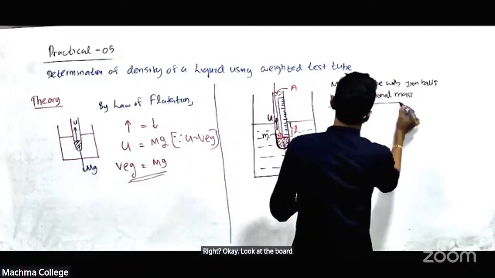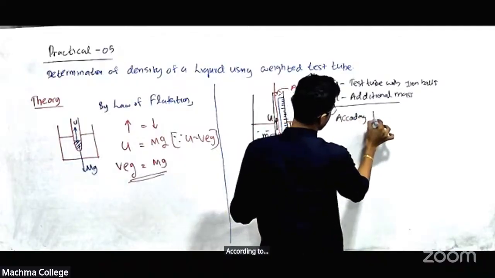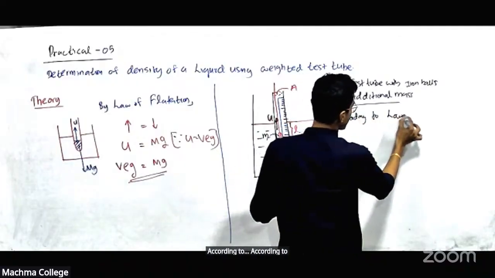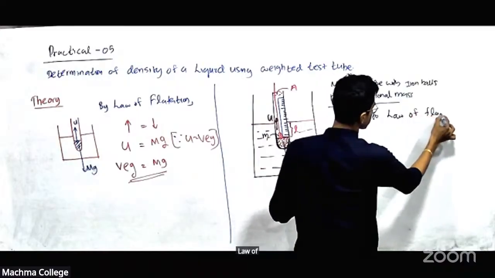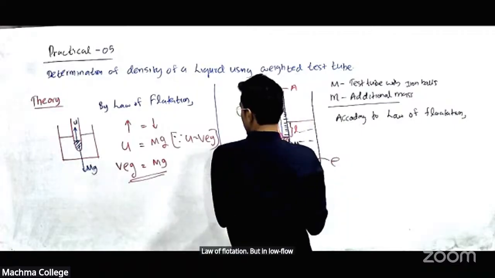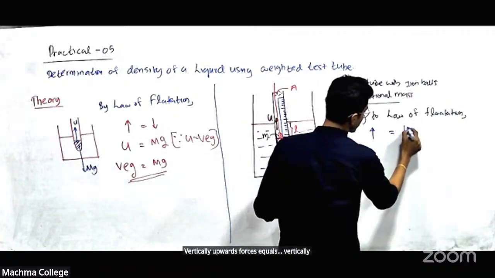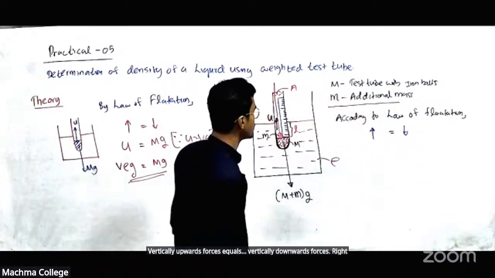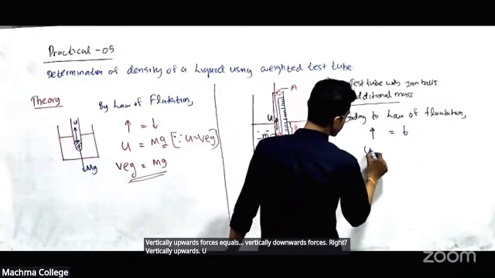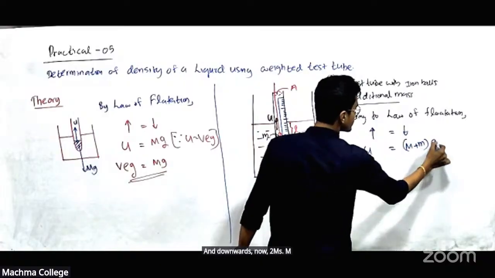Right? Okay. Look at the board. Now, according to the law of flotation, vertically upward forces equal vertically downward forces. Vertically upwards, U, and downwards, M plus m, g.